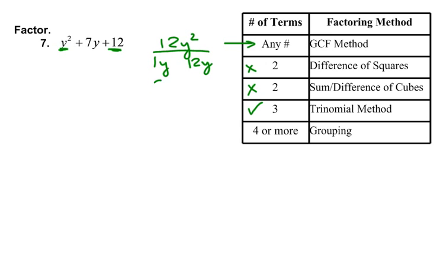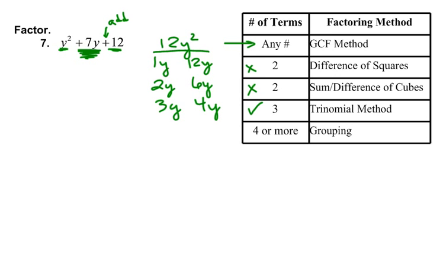We could multiply 2y and 6y. We could multiply 3y and 4y. Now of those combinations of numbers, we want to identify the pair that will add to make 7y in the middle, positive 7y that is.